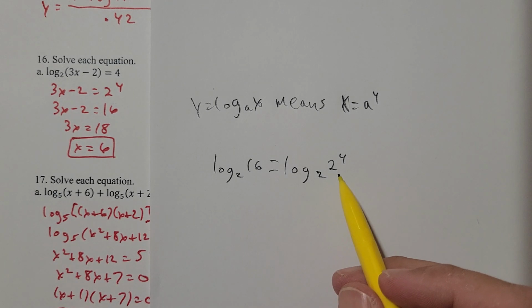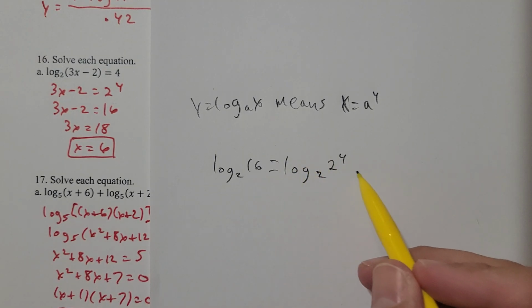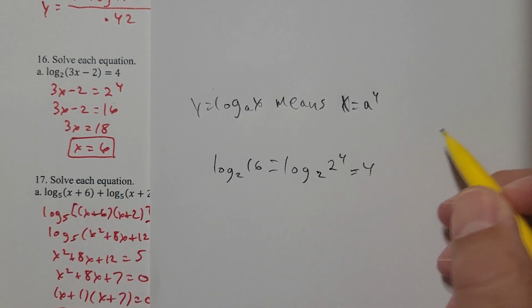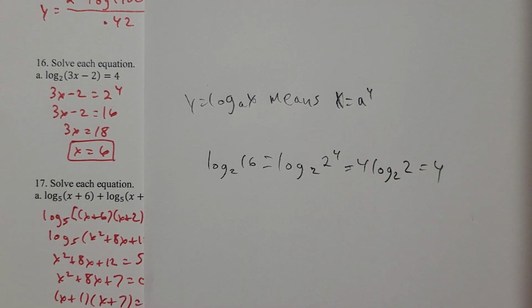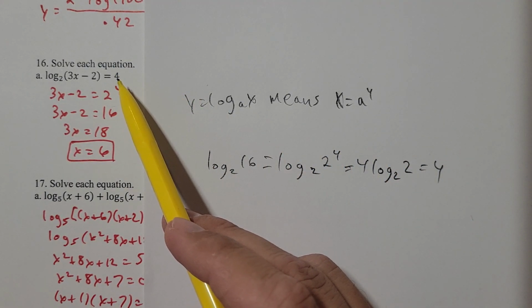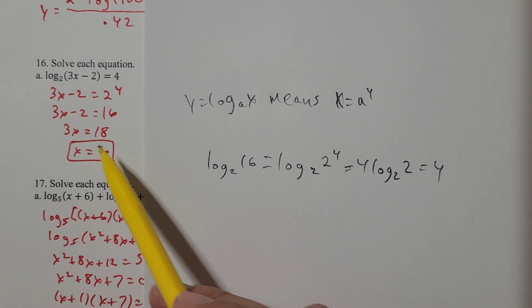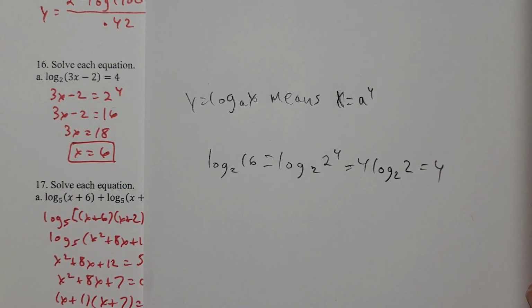And if I write it like that, then I know powers can come out of logarithms, so I can pull this 4 out front. I have 4 times log base 2 of 2. Log base 2 of 2 is 1, so the answer is 4 times 1 or 4. That's what I had to get on the right. So I can go ahead and circle x equals 6. I know that's correct.